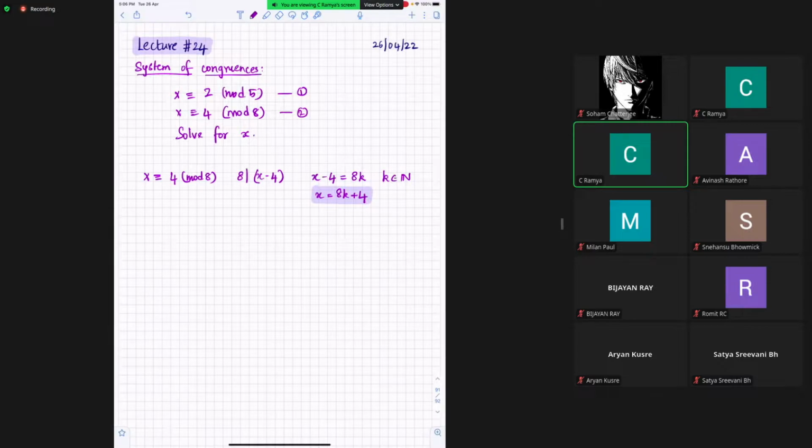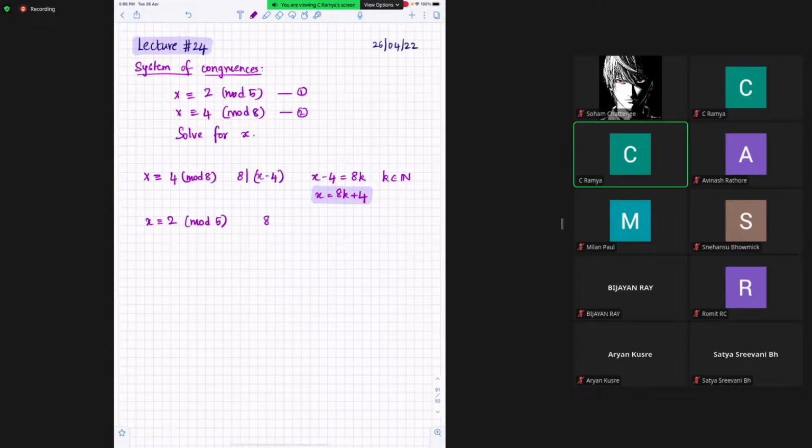You know that these are solutions to the second congruence, so these kinds of x's that, when divided by 8, leave remainder 4 are answers to this congruence. Now I want to ask whether these x's also satisfy the first congruence. So what should I do? You have to substitute it, right? So you also want to solve x congruent to 2 mod 5.